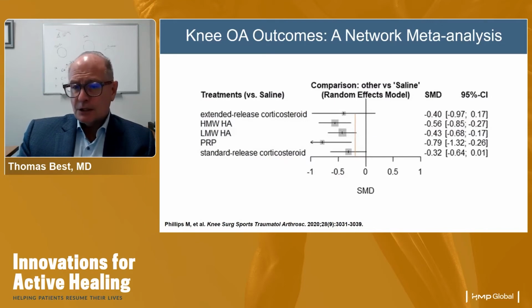Specifically then, this is what's referred to as a forest plot. And for purposes of today, if you see the orange line, anything to the left of the orange line shows a good response in terms of pain reduction. And as you can see from this meta-analysis, the high molecular weight HA injections as well as PRP appear to be the most beneficial.